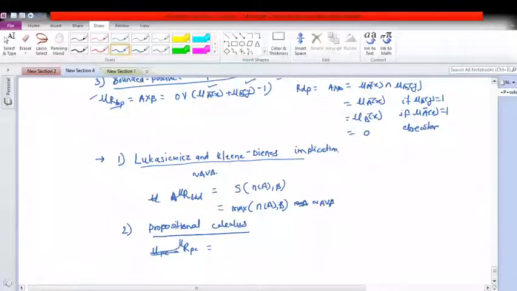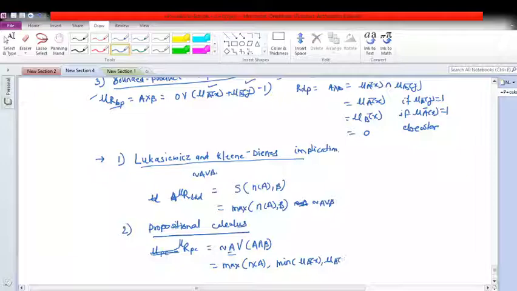The membership function using this propositional calculus can be obtained as the complement of A ORing with A coupled with B. So this is the maximum and minimum from A and B. This also can be written as maximum, then the complement of A, so it is the negation of A, and take the minimum from A and B, so it will be mu A bar of X with mu B bar of Y.